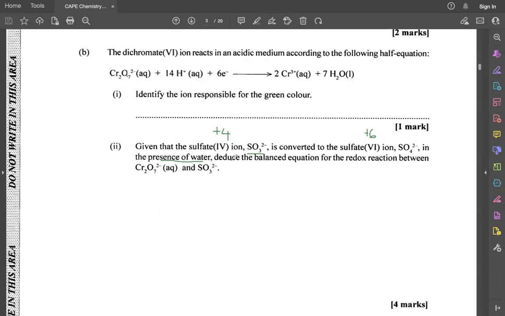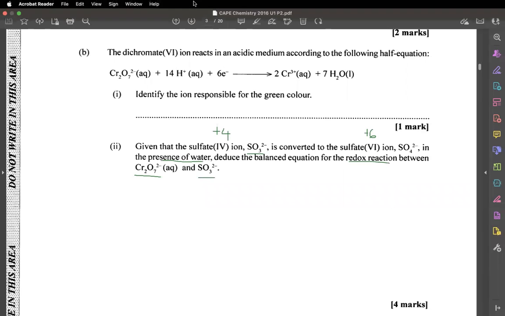And so they're asking us to deduce the balanced equation for the redox reaction between the dichromate(VI) that we were talking about earlier and the SO3 2- ion. Okay, so here's how we're going to go about that. A redox reaction has 2 halves: there's a half from which oxidation is coming, and a half from which the reduction is coming.